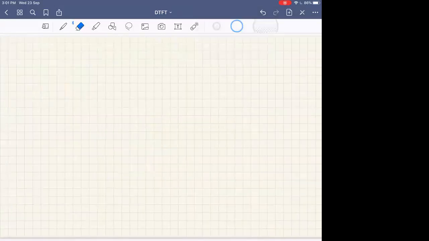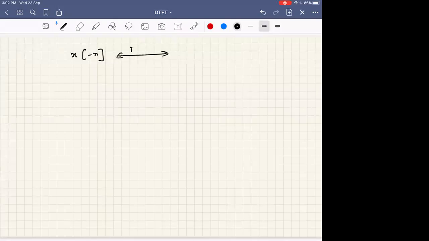Now let us take x of n. Before we move on, assume that we want to find the Fourier transform for some variations of x of n. For x of minus n, what do you think is the Fourier transform?